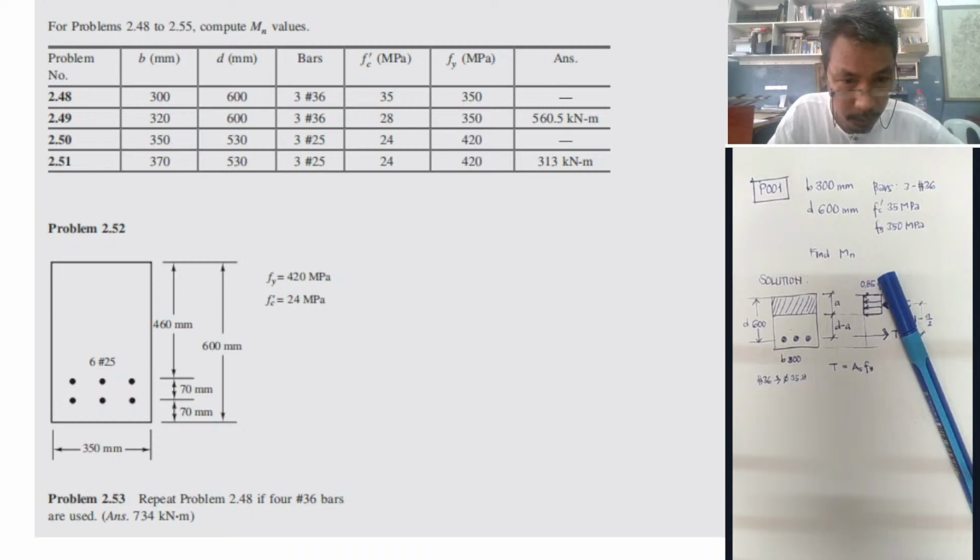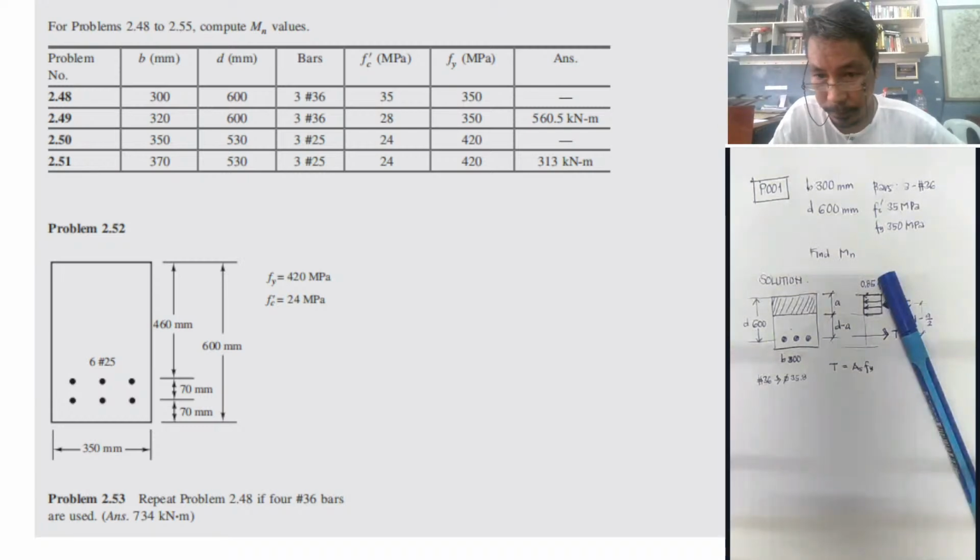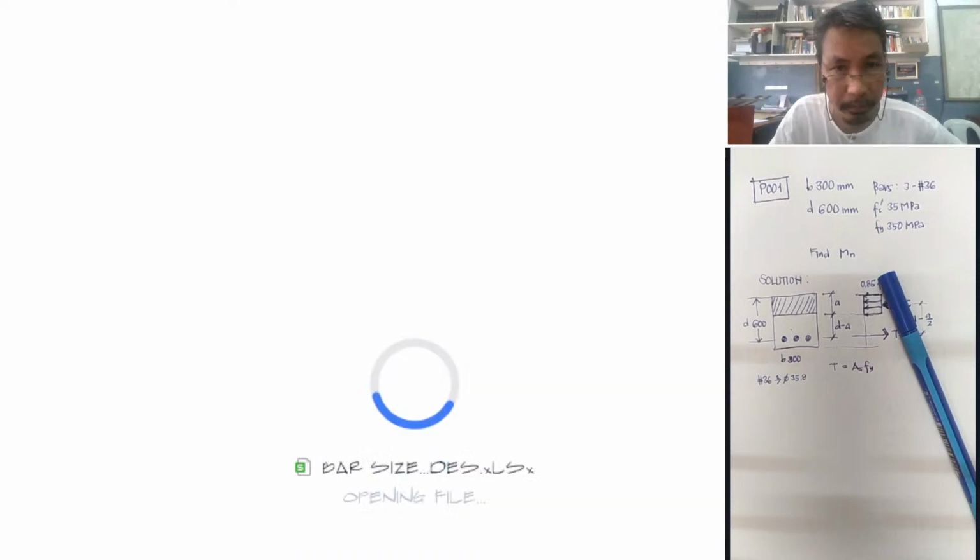I have to open that rebar sizes table, to find out that number 36 is a rebar with diameter 35.8.